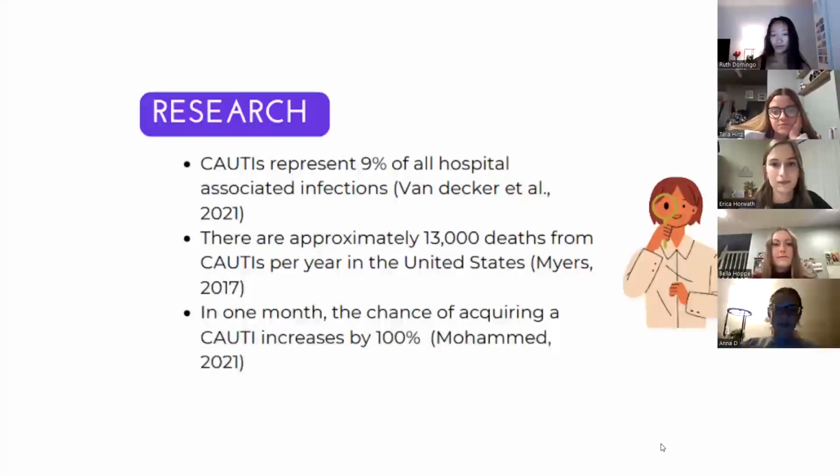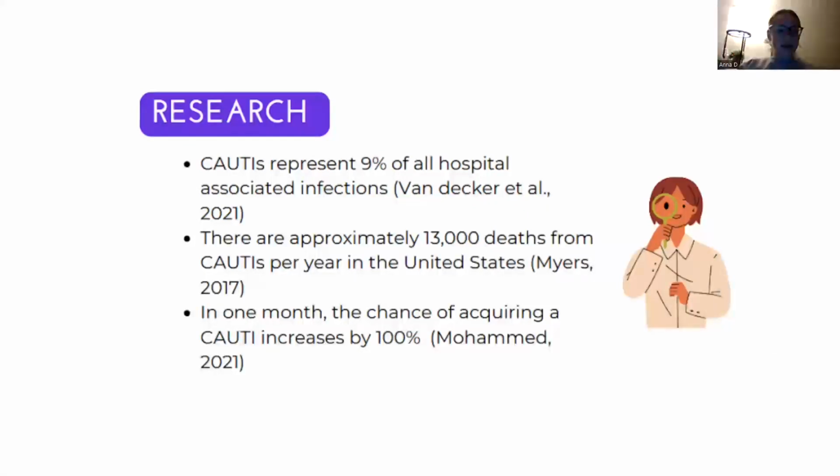So, just for a little bit of background, we chose CAUTIs specifically with the geriatric population because the geriatric population is most likely in the United States to have long-term indwelling catheters. CAUTIs are an important area to address because they make up 9% of all hospital-associated infections.